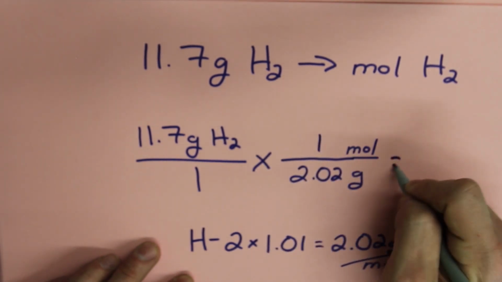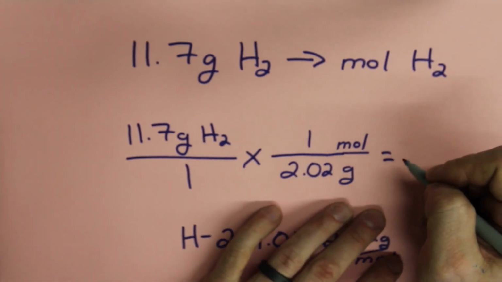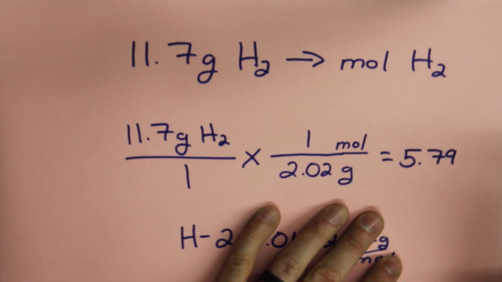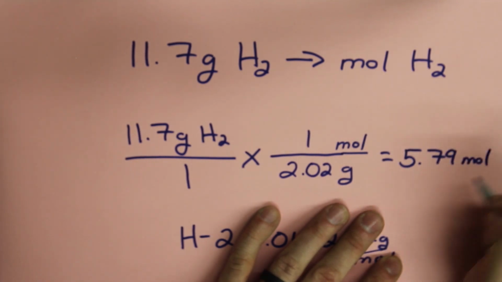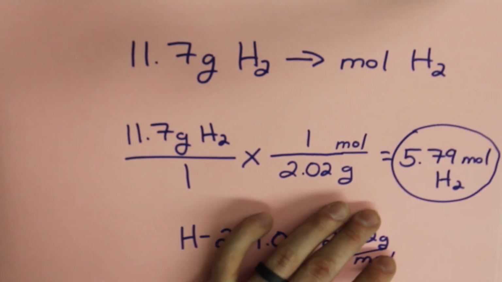Now we're going to take that, bring it up here, and overall we are taking 11.7 and dividing that by 2.02, and our final answer is 5.79 moles of diatomic hydrogen.